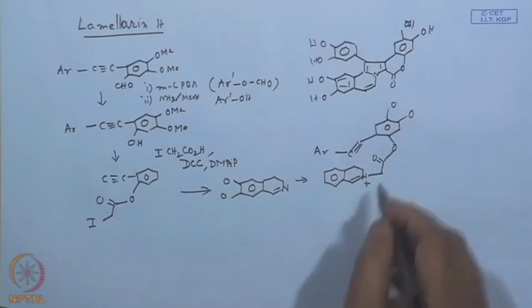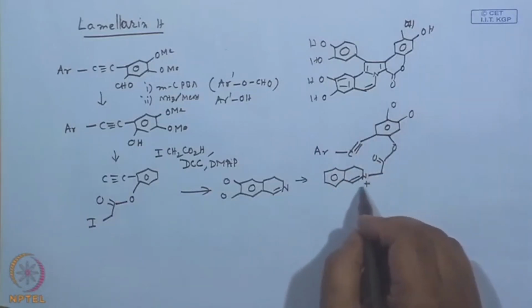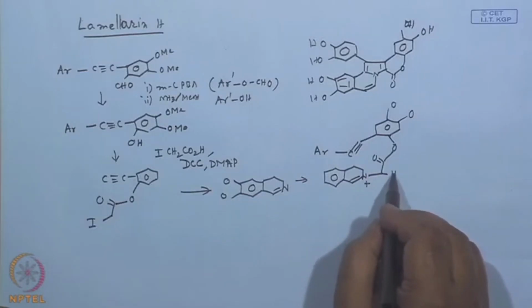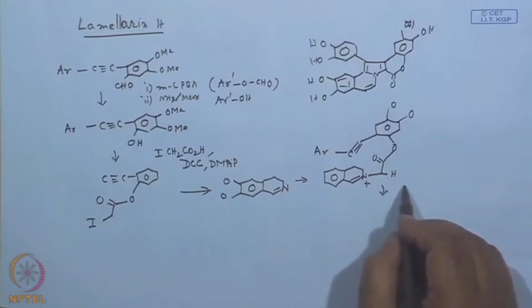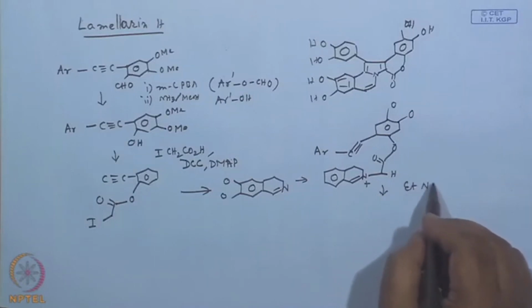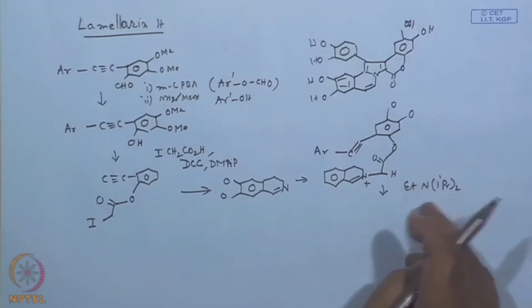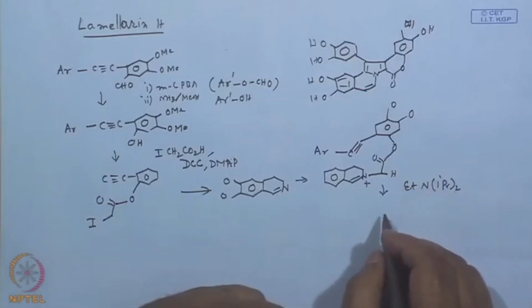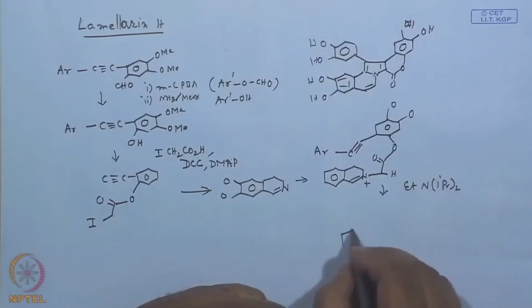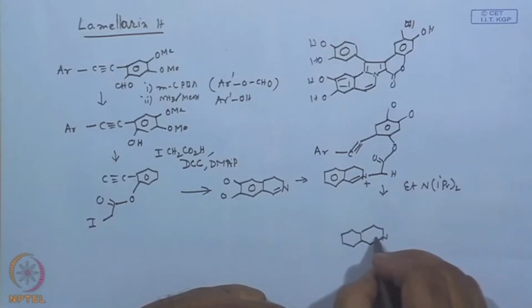So, what we will see is that now this is an iminium salt, and we have a hydrogen here which should be abstractable. In the presence of a base known as Hünig's base, diisopropylethylamine, so basically it is a trialkylamine base, this gets converted into the dipole, the 1,3-dipole.